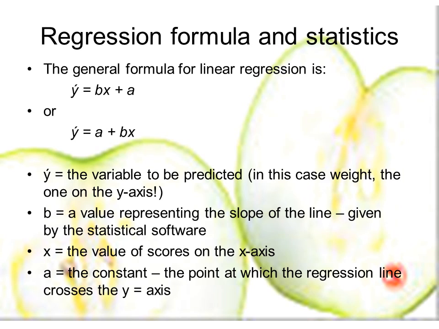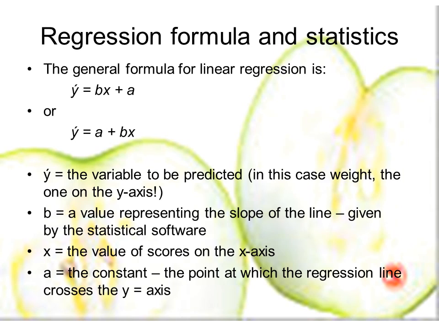The regression formula that's used, there's 2 formulas. The general formula is y, which is obviously the variable, and that's in this case the weight, which is represented on the y-axis, is equal to b, which we calculated in the previous slide. I believe it was 1.9, and that's a value representing the slope of the line.